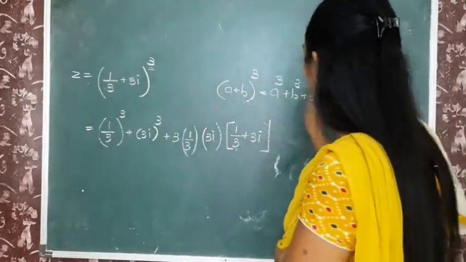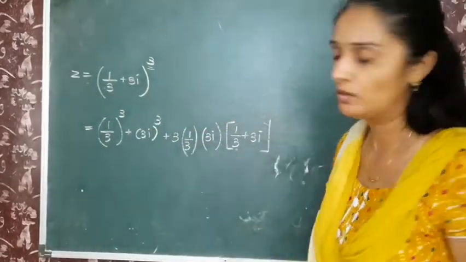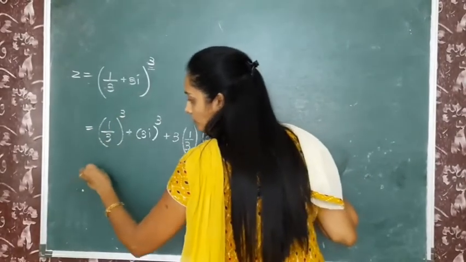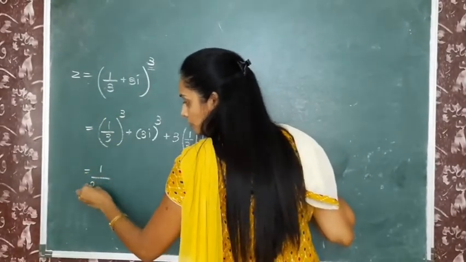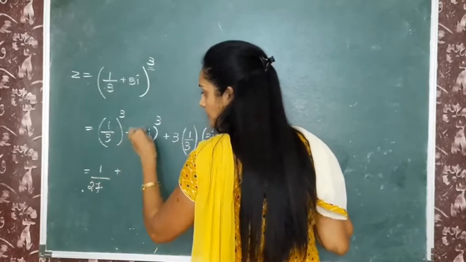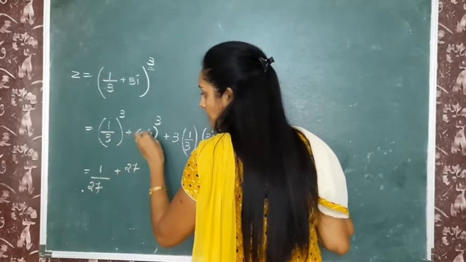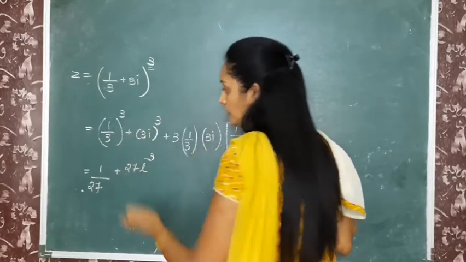Okay, now we solve it. So 1 cube is 1, 3 cube is 27, plus 3 cube 27 and i cube.